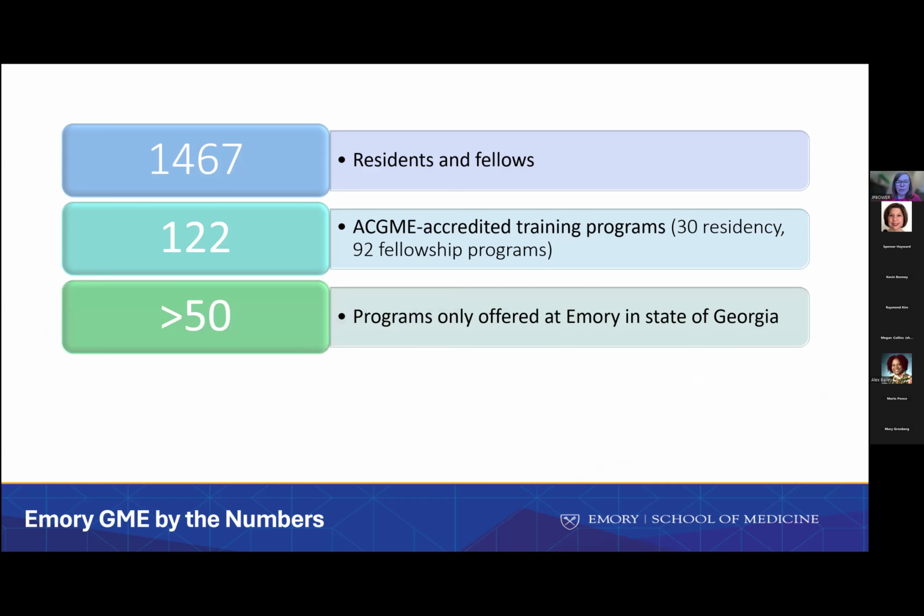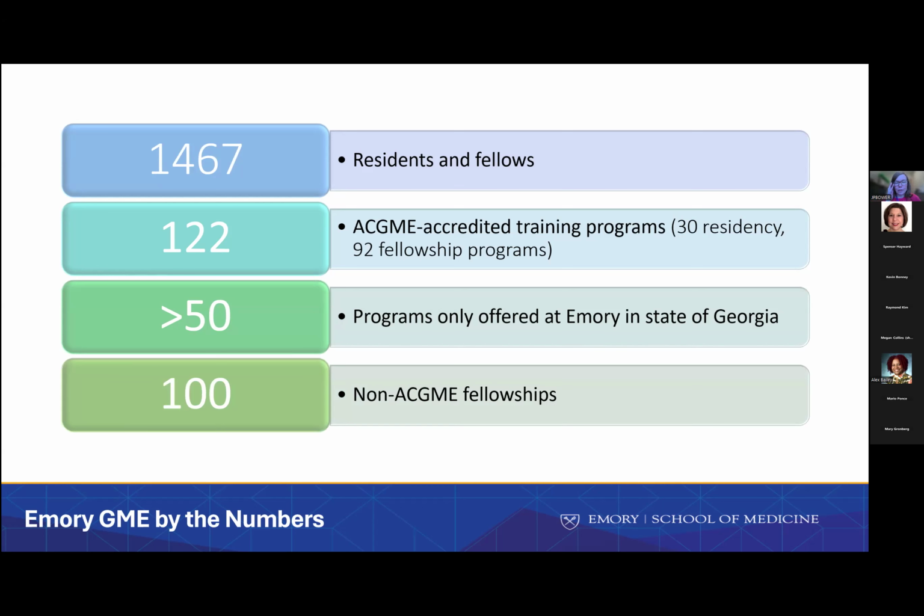Greater than 50 is the number of programs that are only offered at Emory across the state, that other sponsoring institutions don't have. So you only uniquely get that training here. And then in addition to these accredited programs, there's 100 other non-ACGME fellowships of various sorts, tending to be small niche entities.